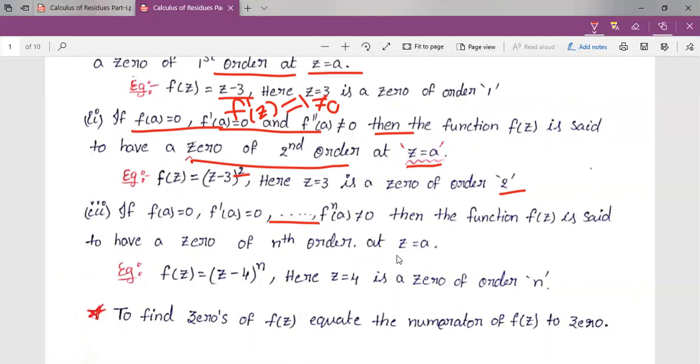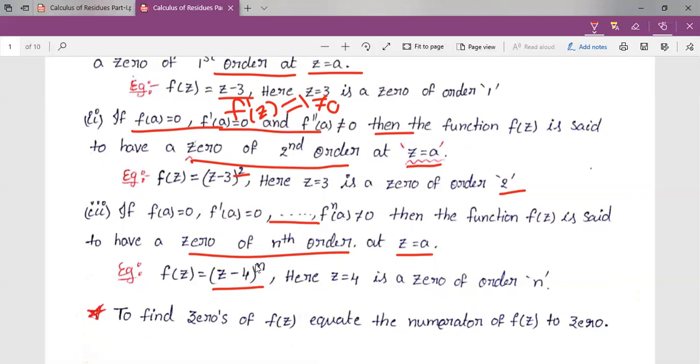Then z equals a is called a zero of nth order. Observe the example, f(z) equals (z minus 4) whole power n.